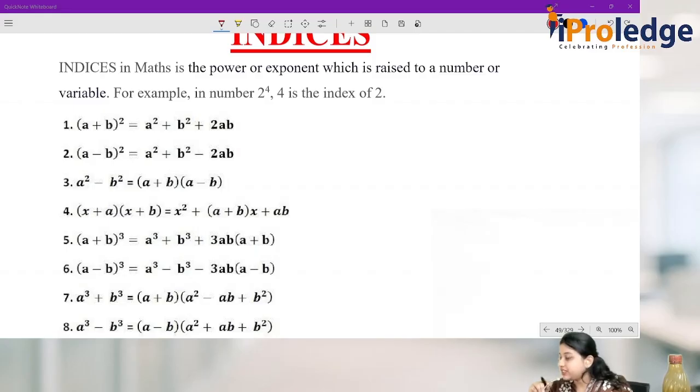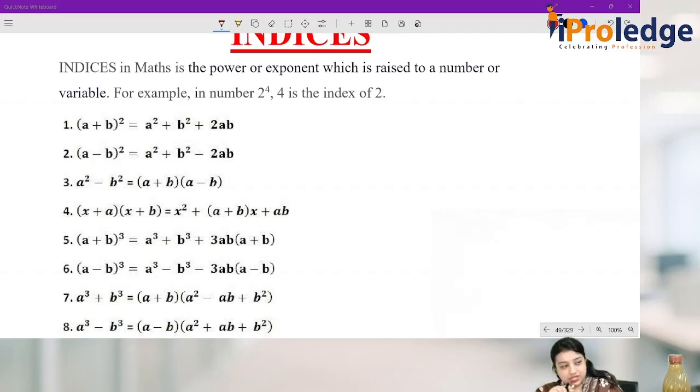So indices are how to remember the key points. First thing in indices, you have to know the formulas for a plus b whole square, a minus b whole square, a plus b into a minus b, a plus b whole cube, a minus b whole cube. These formulas are very important.